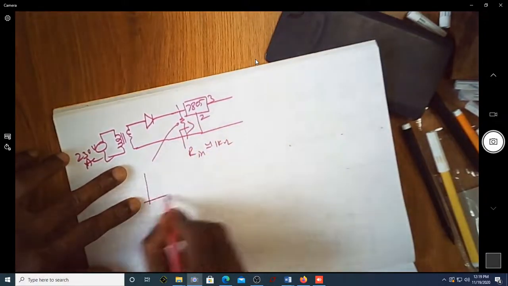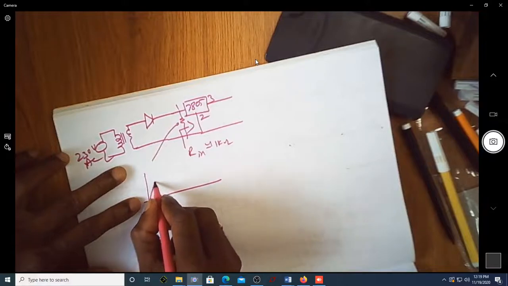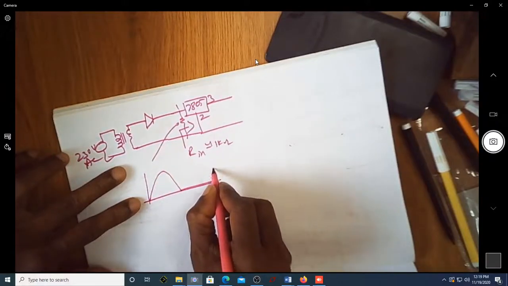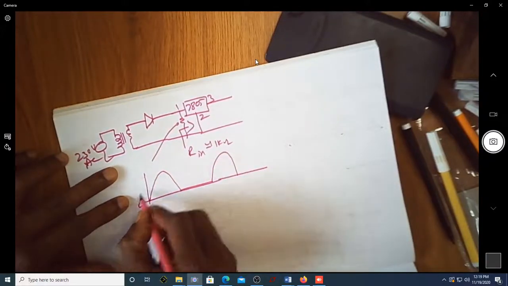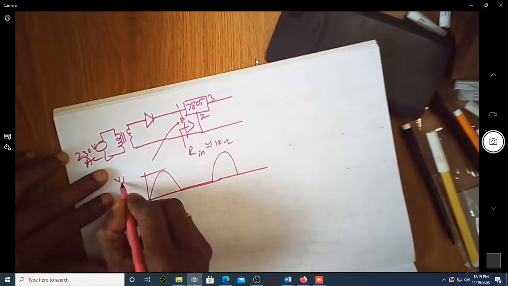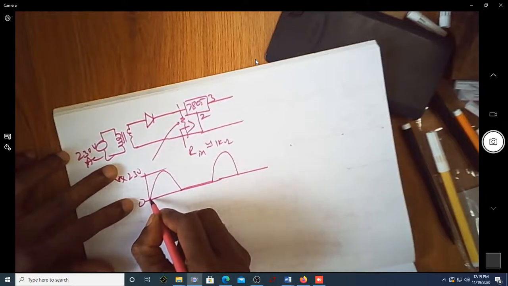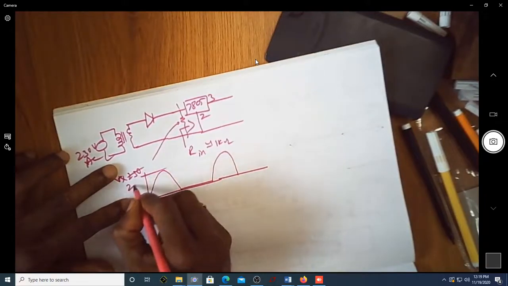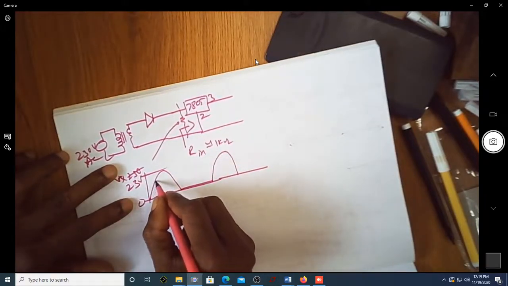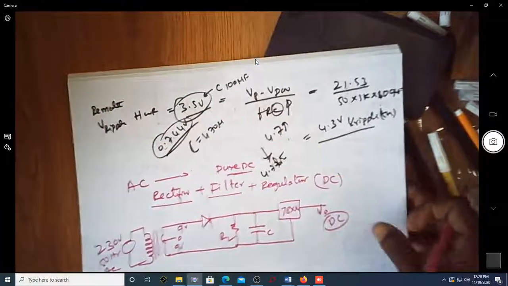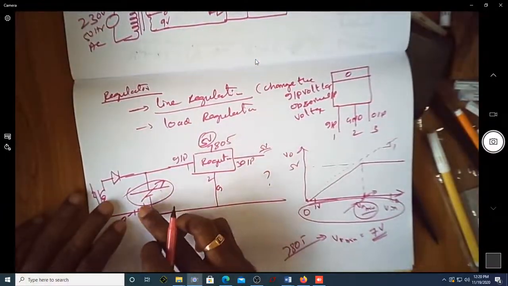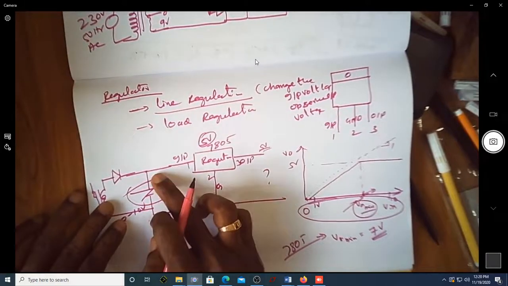Can you see at this point, will you have an input voltage something like this? Suppose it is 0 to some Vx, maybe around 23 volt. You are increasing the voltage from 0 to 23 volt, something like this, which we expected over here. For doing line regulation, I should vary the input voltage from 0 to some larger voltage.